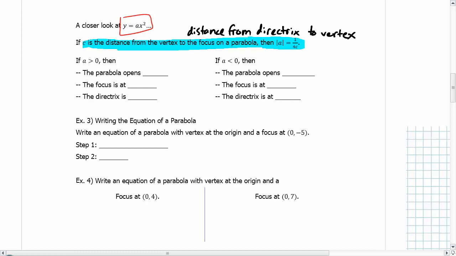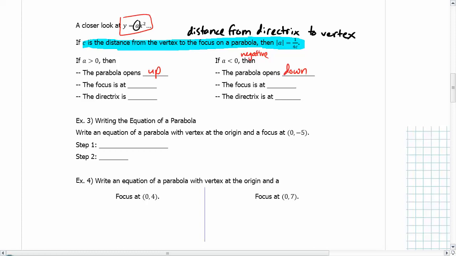Well, let's talk about a. So a is the number multiplying x squared. And one thing that it tells us is that if a is positive, the parabola is going to open up. Versus if it's negative, that would be the second one, then the parabola is going to open down.